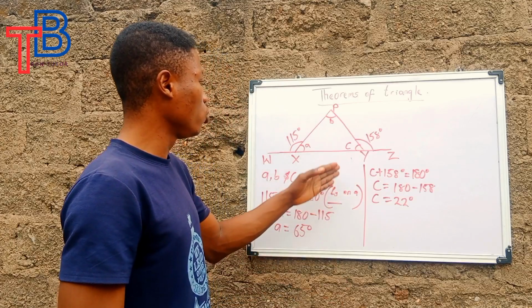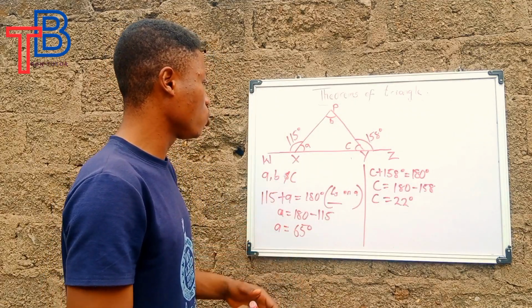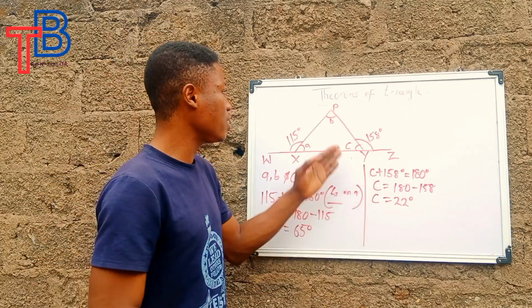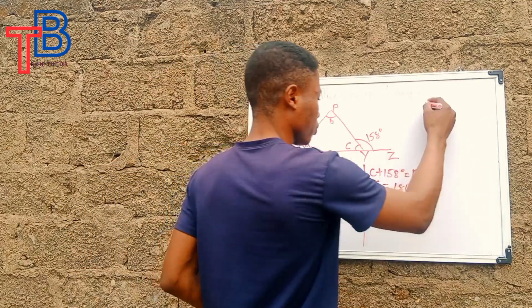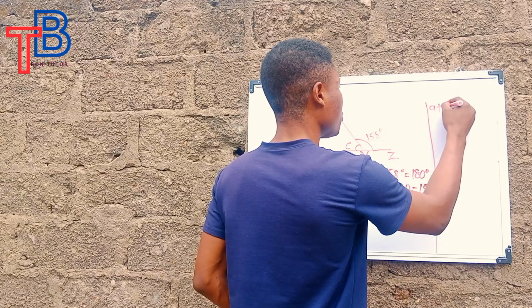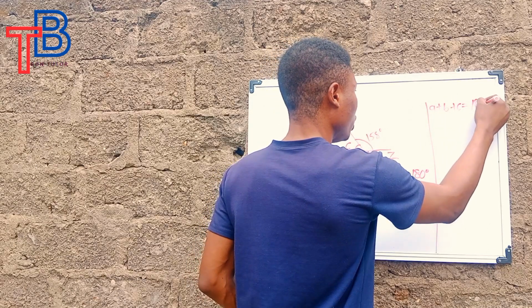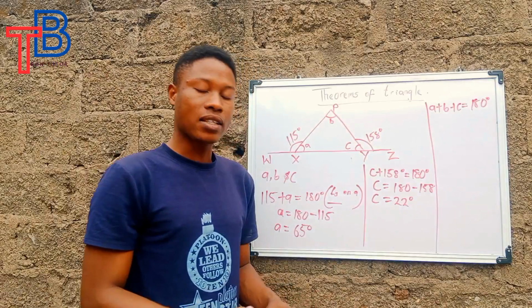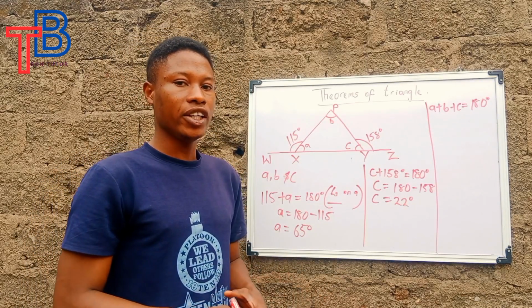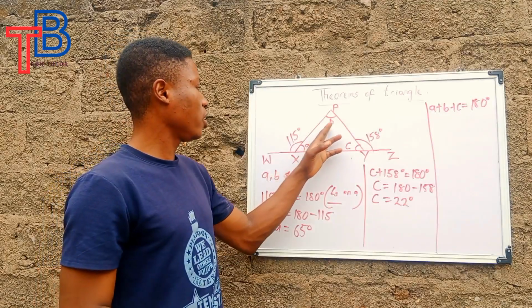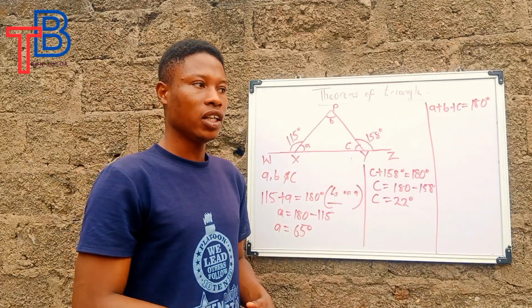If your C gives you 22 and your A gives you 65, you can easily find your B by saying what? Yes, A plus B plus C equals 180 degree, and that is called the sum of angles in a triangle, because those are the three angles you have inside that triangle.